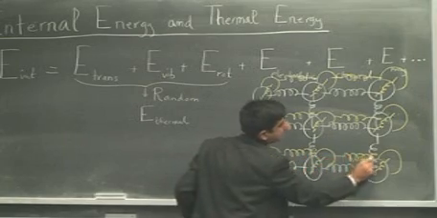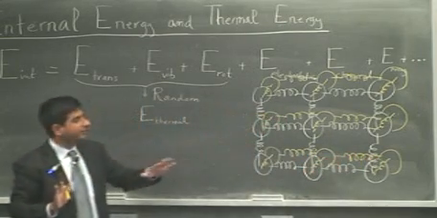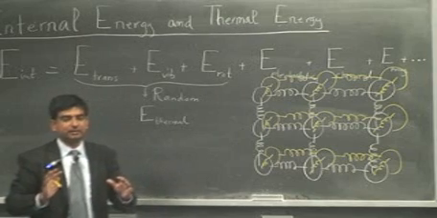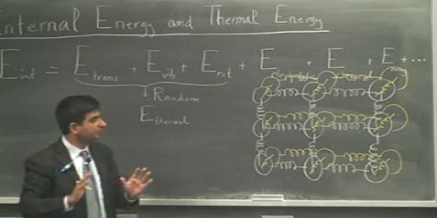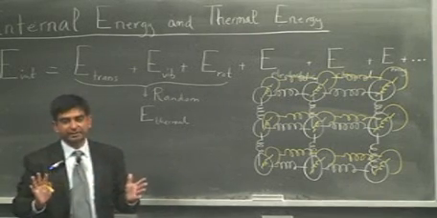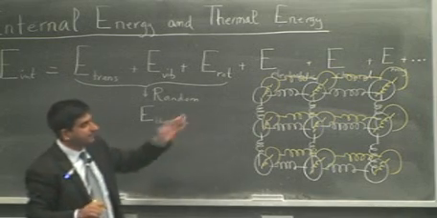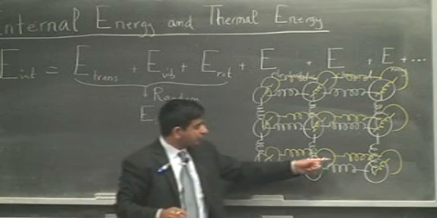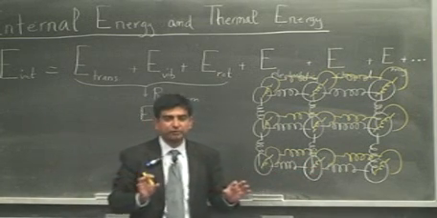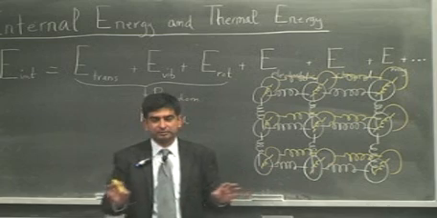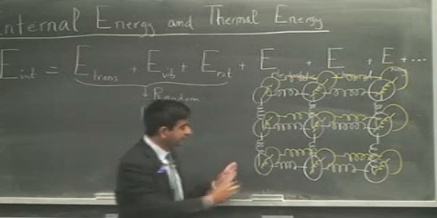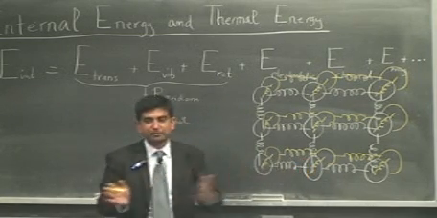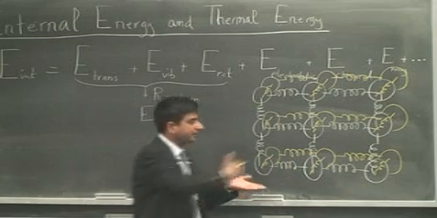Now all of these atoms are undergoing translational, rotational, vibrational, kinetic motions. For example, in the case of a solid, the equilibrium position of these atoms is fixed, so they are undergoing vibrational motion, right? They are vibrating. Each of these springs is compressing and expanding.